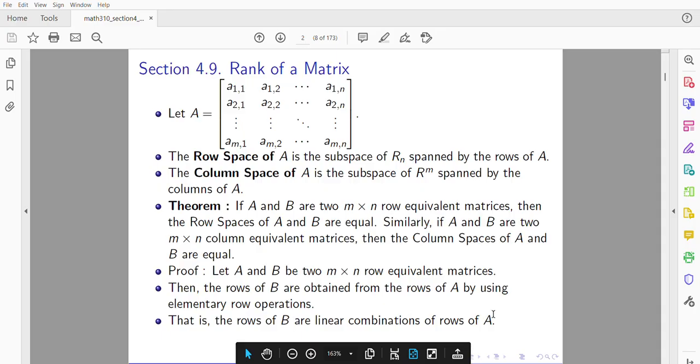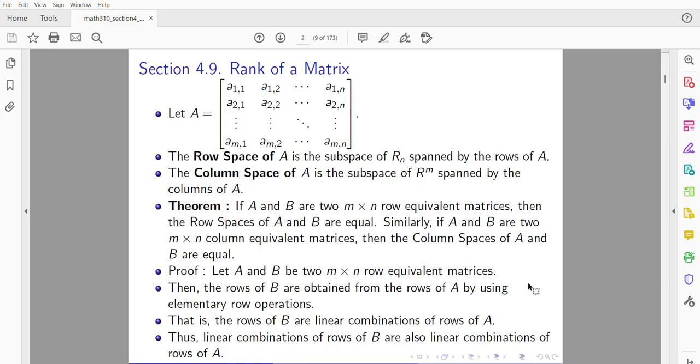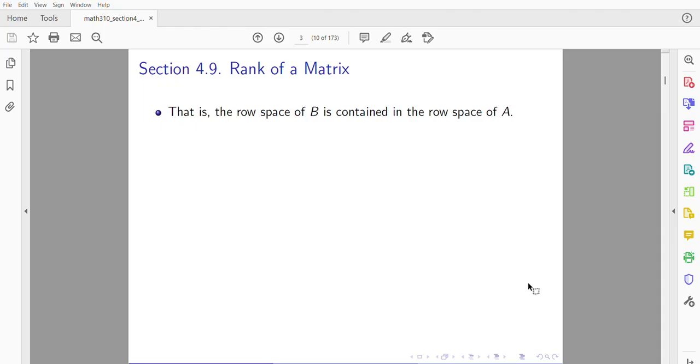Rows of B are linear combinations of rows of A, which means linear combinations of rows of B are linear combinations of rows of A. So further linear combinations of rows of B are nothing more than linear combinations of rows of A. This implies the row space of B is contained in the row space of A. I hope this is clear.